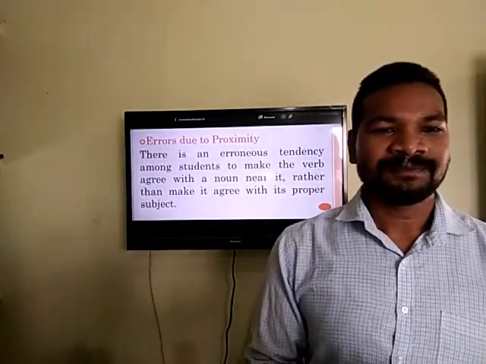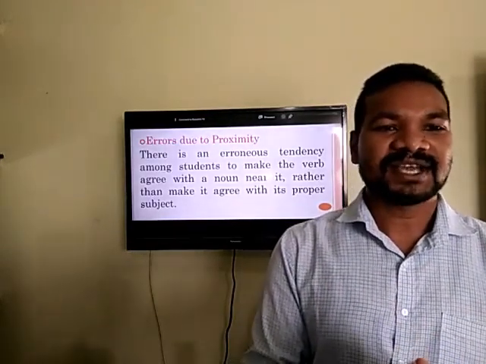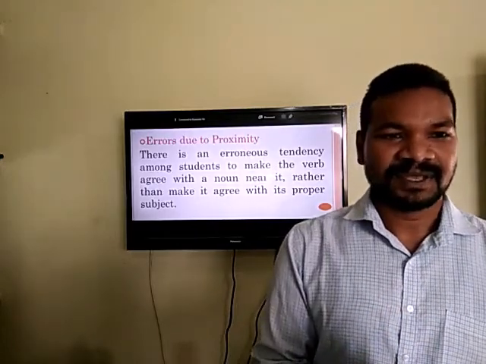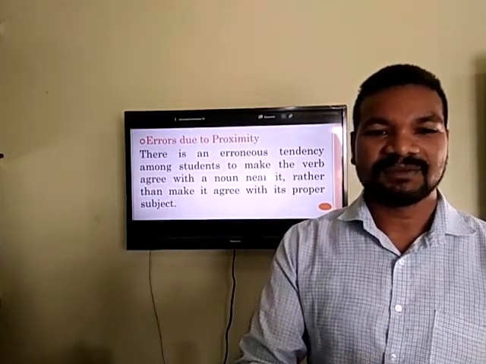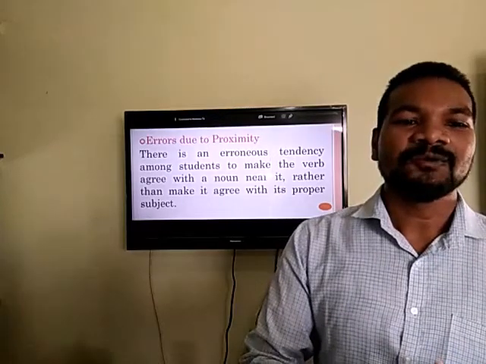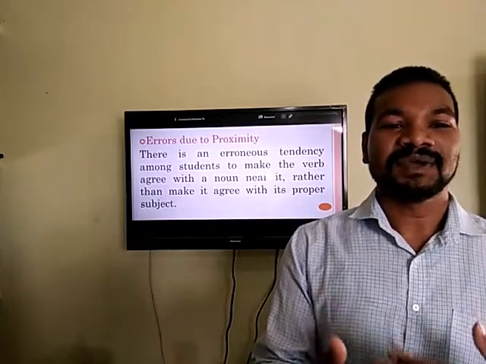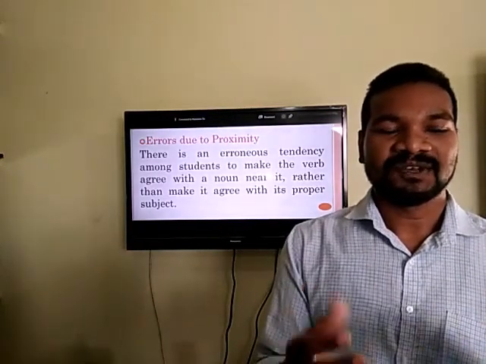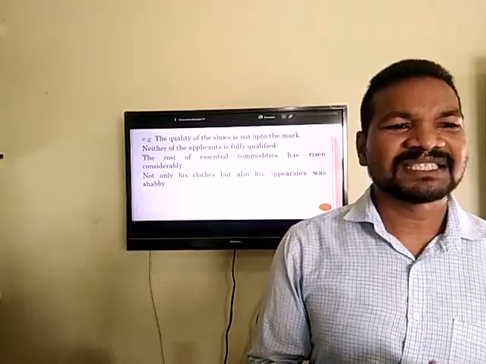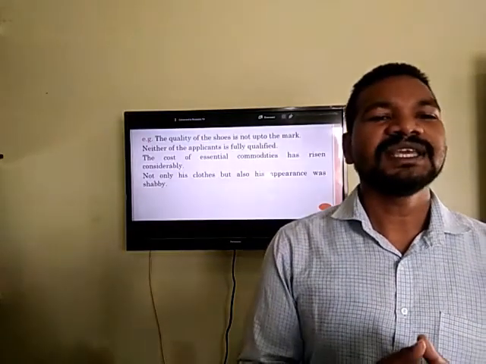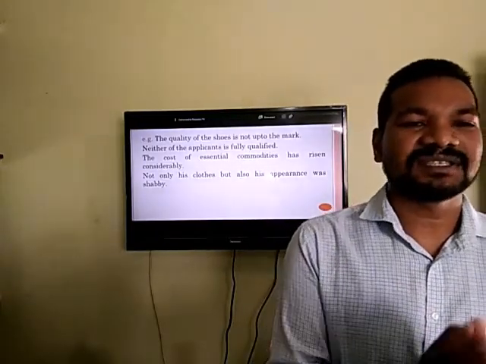We have learned the rules, and now there is a chance of making mistakes. Most of the time we have learned the rules, but when it comes to the practical level, whenever we are forming sentences, we may misunderstand or over-understand, and then we may commit the mistake of not agreeing the verb with the subject. Here are some examples where we may put the plural verb where the singular verb is needed.